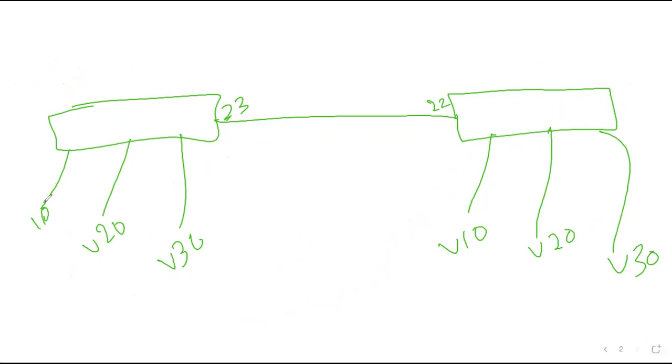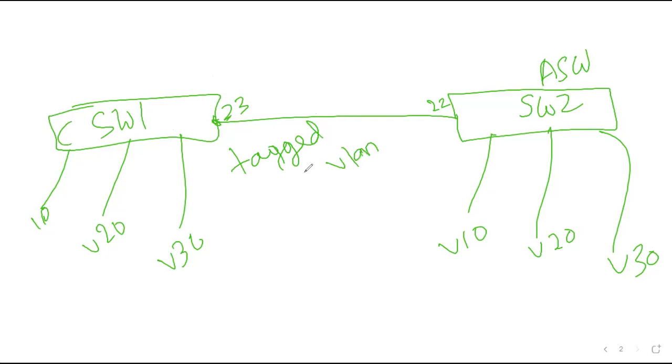So when VLAN 10 systems or edge devices send traffic to a system under VLAN 10 of switch 2, every time traffic goes from VLAN 10 to switch 2 through port number 23, the VLAN will be tagged with the help of the .1q protocol. We call it a tagged VLAN.